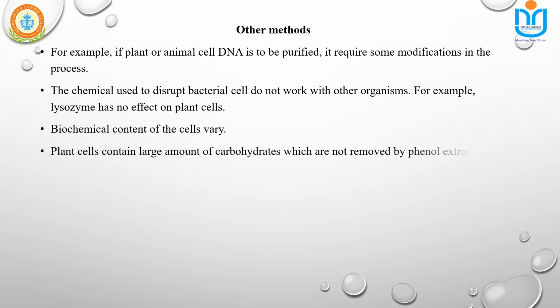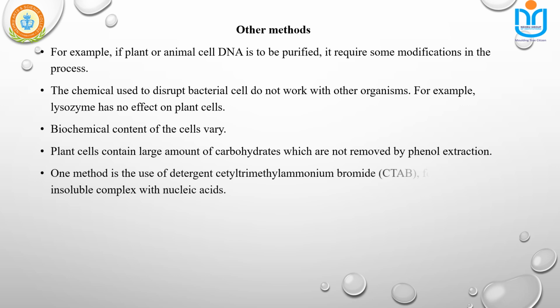Plant cells contain a large amount of carbohydrates which are not removed by phenol extraction. One method is the use of the detergent cetyl trimethyl ammonium bromide (CTAB), which forms an insoluble complex with nucleic acids. With plant cell extract, it precipitates the nucleic acid CTAB complex.